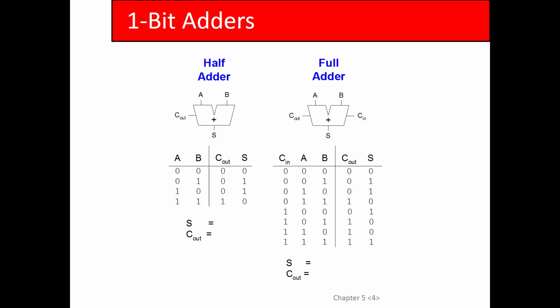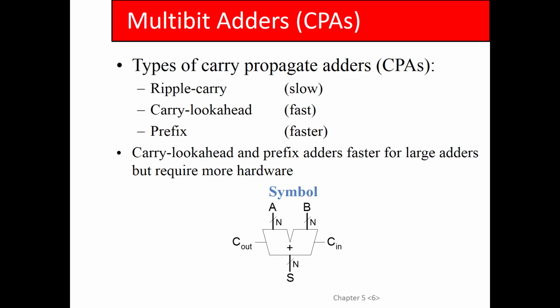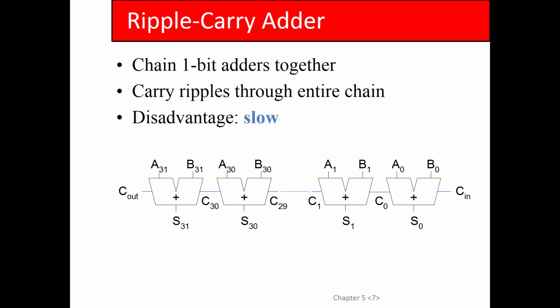And I think in 211 you probably also covered ripple carry adders, which is where you can build an arbitrary size adder by chaining together full adders, linking each one's carry out to the next one's carry in.